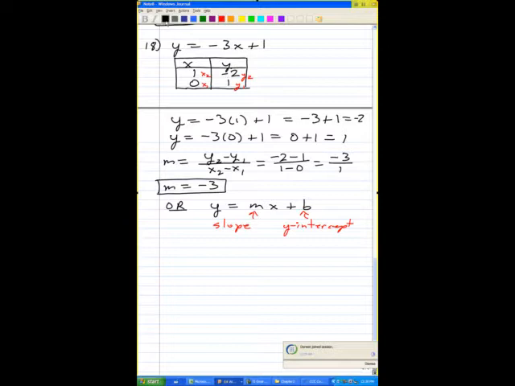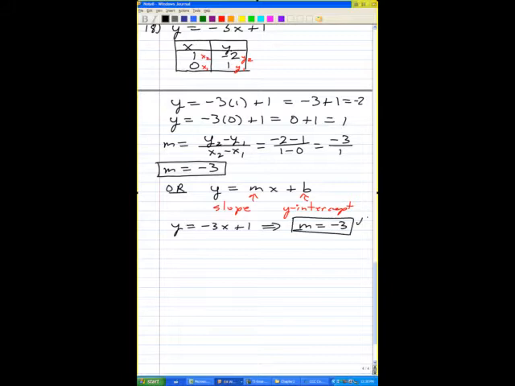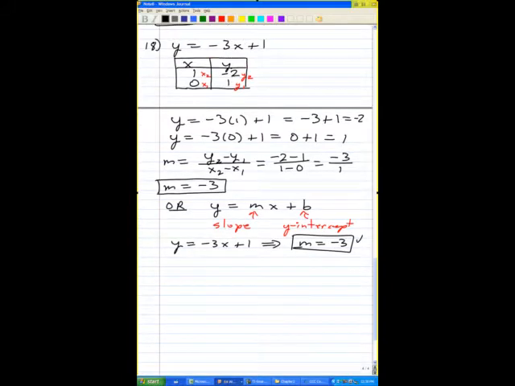So in this case, if I have y equals negative 3x plus 1, then the slope is negative 3. And we're done. We could have just said right off the bat, look, there was a negative 3 here, therefore the slope is negative 3.